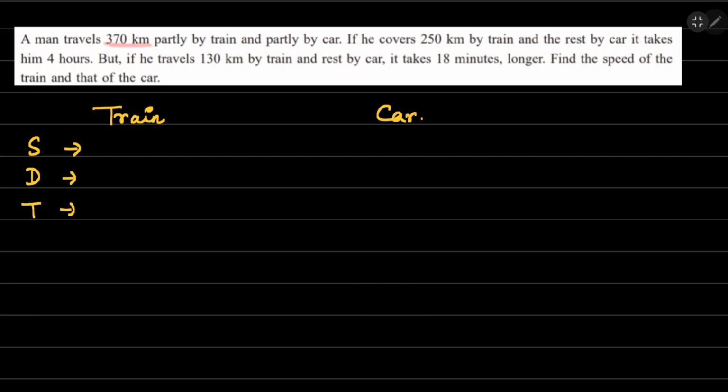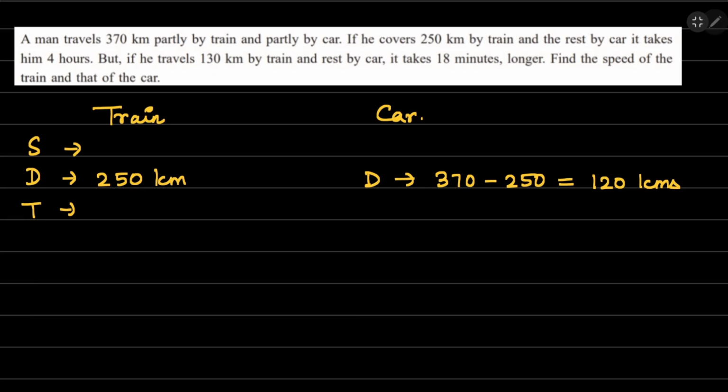He covers a distance of 250 kilometers by train. So for the train, the distance covered is 250 kilometers. So what is the distance covered by the car? It will be total 370 minus 250, which is equal to 120 kilometers by car.